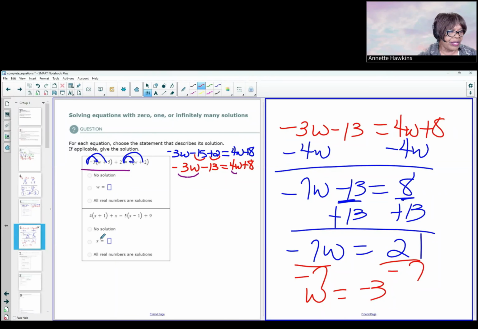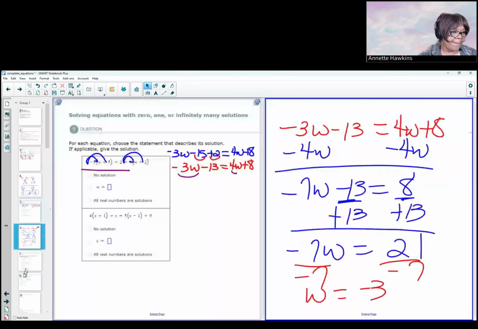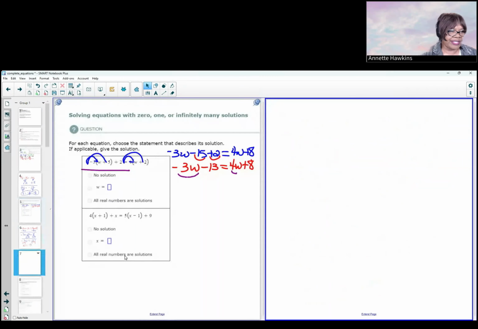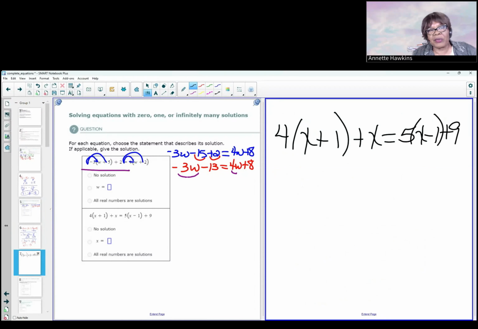All right, let's do this one. So we want to do the second one. All right, so we have to remove the parentheses.